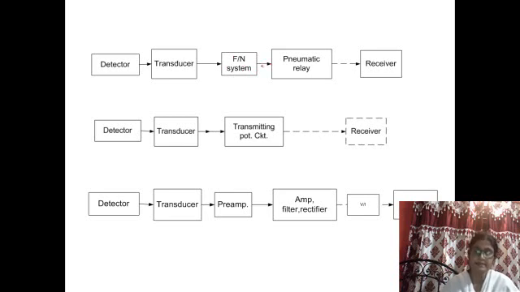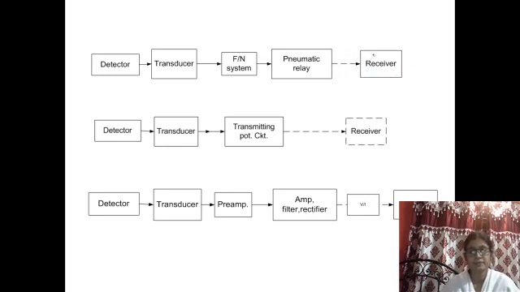Since the signal is very low, in order to amplify this, there is a pneumatic relay, and the signal sent to the receiver end is the pneumatic signal of 0.2 to 1 kg per centimeter square, or 3 to 15 psi.